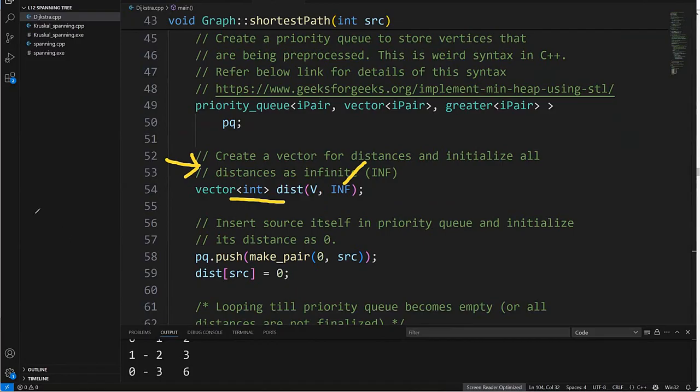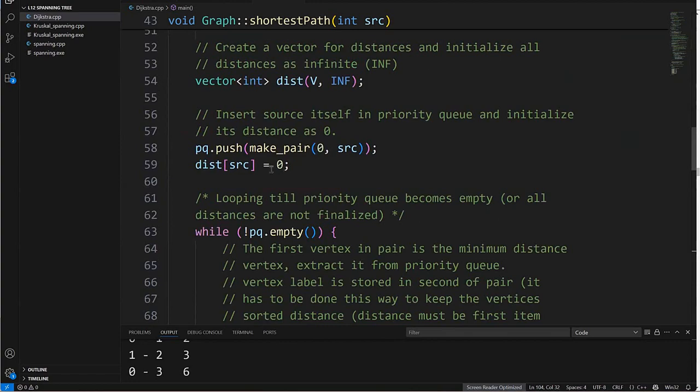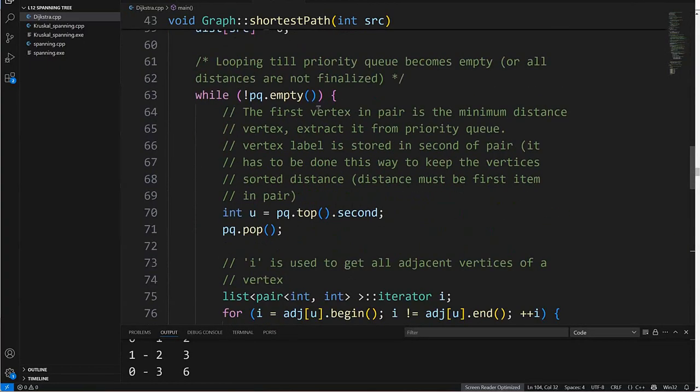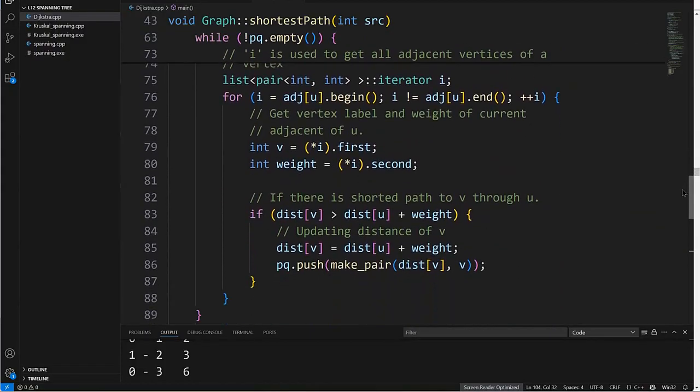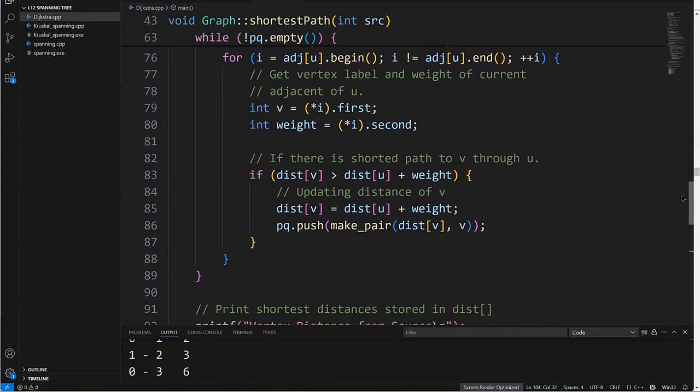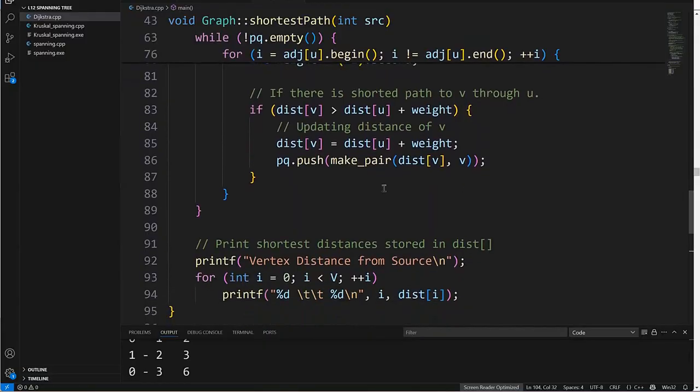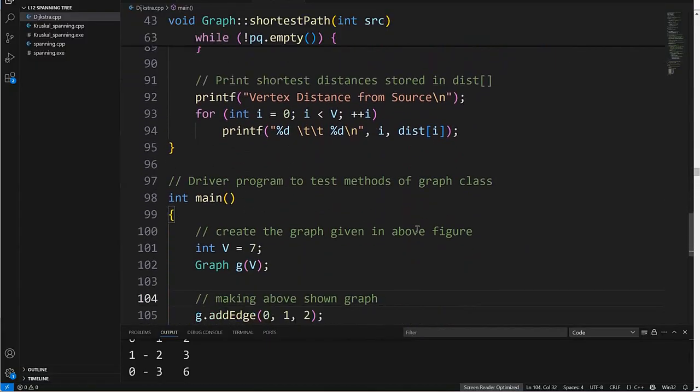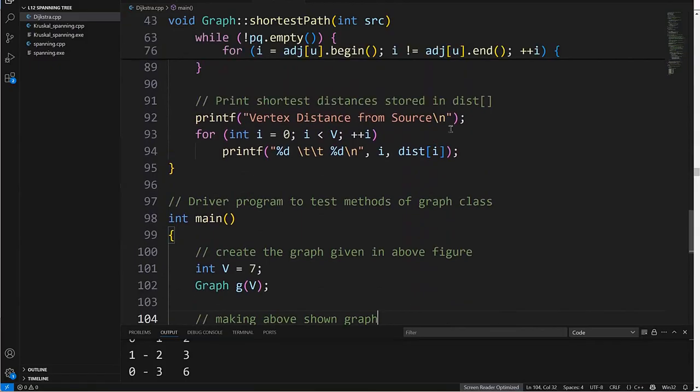Initially do that. And then you set the source node, your first node, to be 0. And then while your priority queue is not empty, you go through the map to look at all the possible edges. You update the edge and see which one gives you the shortest path update. And at the end you show the distance.